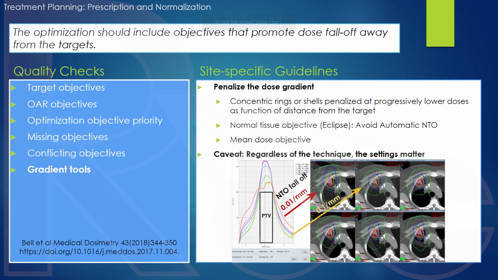And what I show in the first example in the upper left is a very asymmetric dose distribution where the 50% line spills out quite a bit in the AP/PA direction. This dose conformity really is not good. And then next to it, exact same case, a different NTO fall-off value. You note the symmetry, the tightness of those isodose lines. This really is good dose conformity.